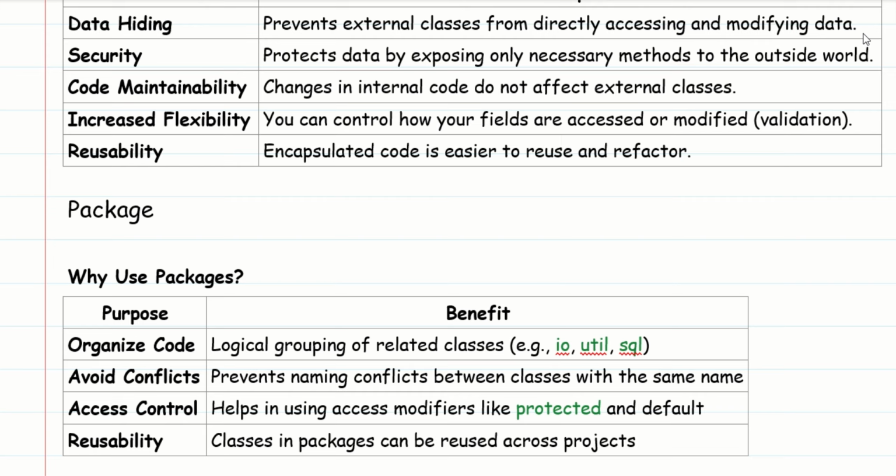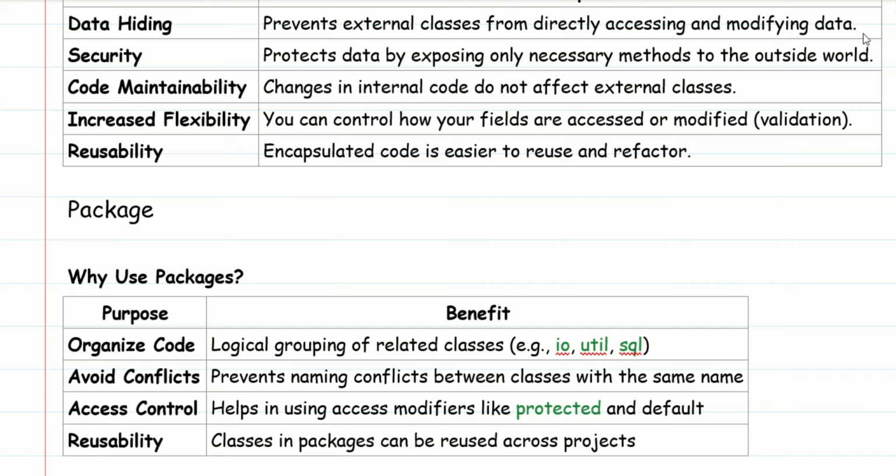You will have a project, within that you will have a source folder, and inside source you can have the packages. Whatever packages you want, you can create, and Java provides default packages also. Think of it as a folder on your computer that contains Java files. It helps to organize code, avoid name conflicts, and control access using access modifiers.